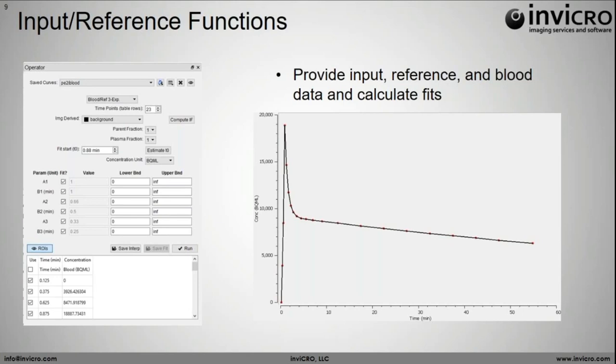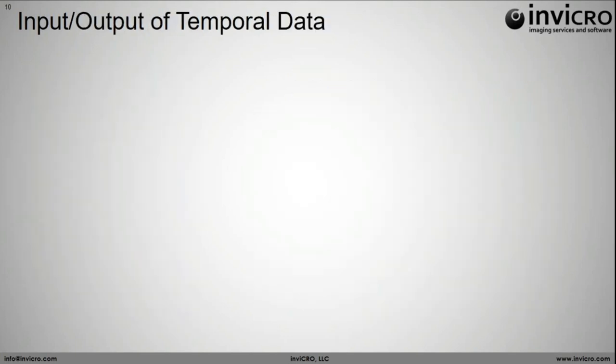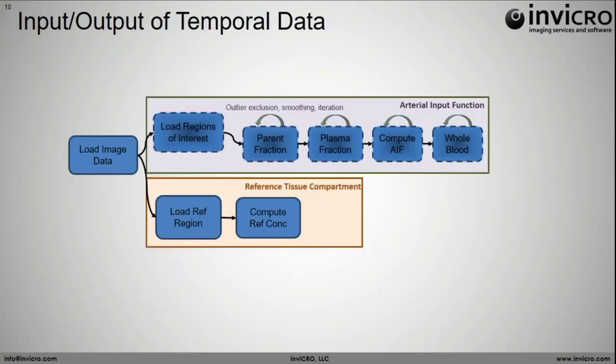You can store all this information to disk as a spreadsheet, and you can iterate, get rid of outliers, do all sorts of standard processing tasks, and leverage these in your subsequent tracer tissue modeling. The workflow would look something like this.